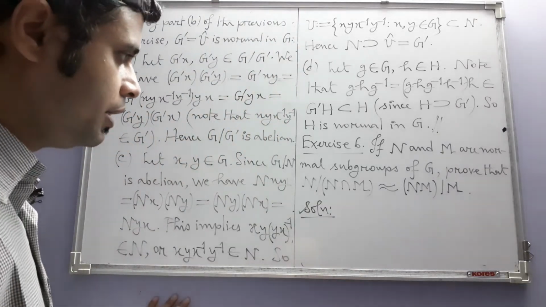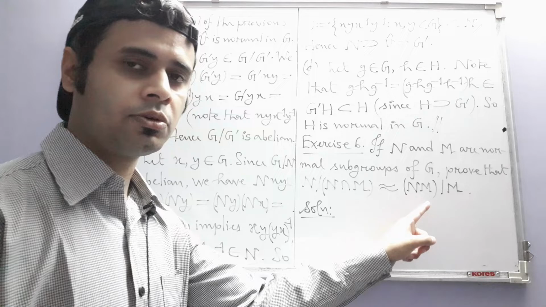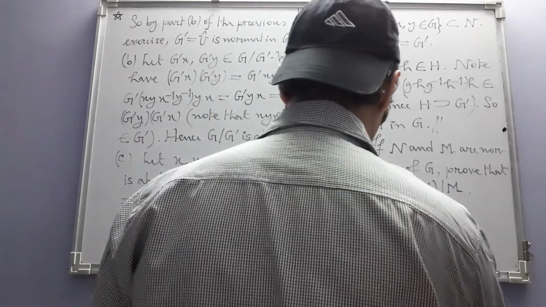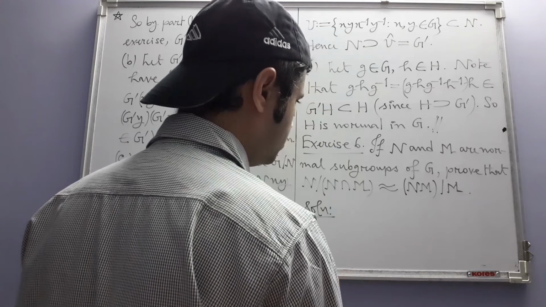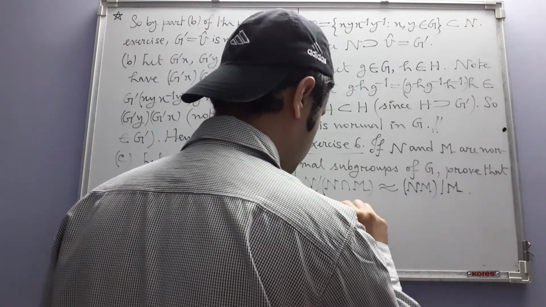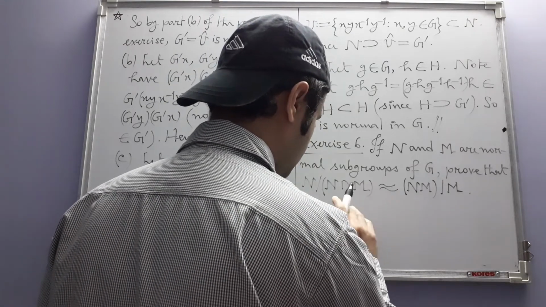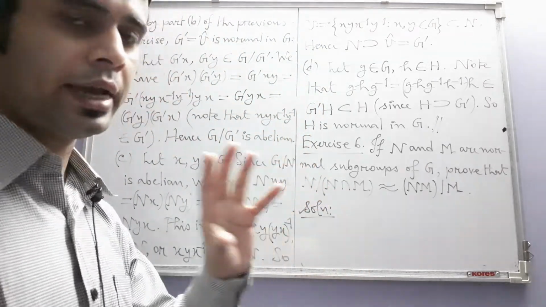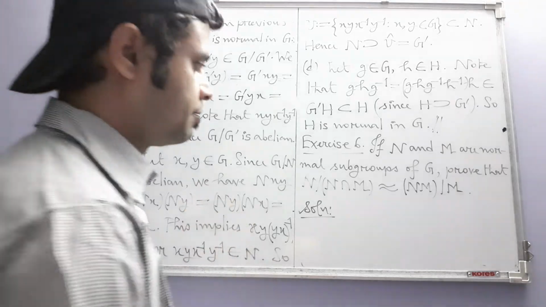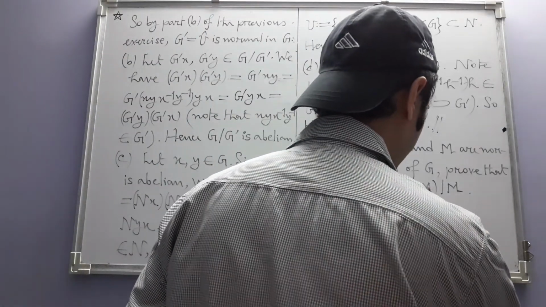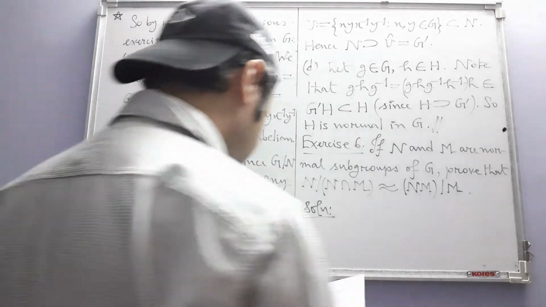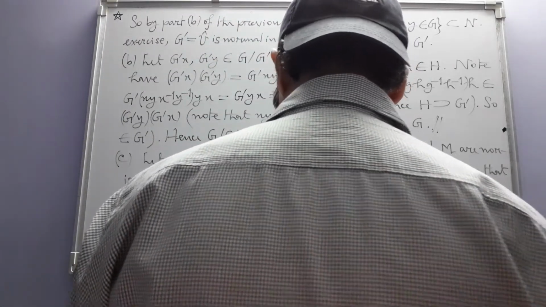Okay, so we now have to prove that these two quotients are isomorphic to each other. Now, first of all, let us try to see that these quotients actually make sense when N and M are both normal subgroups. In fact, let's just write the solution and then we will see.